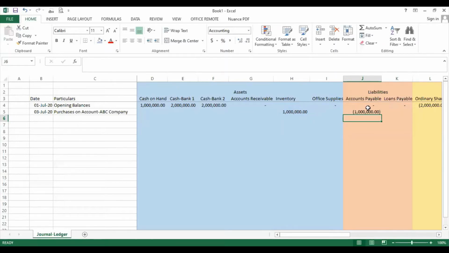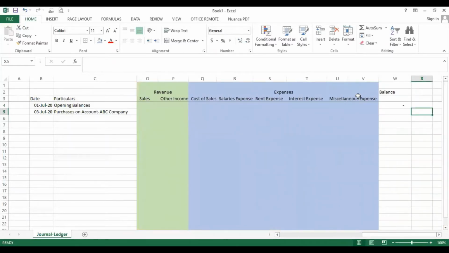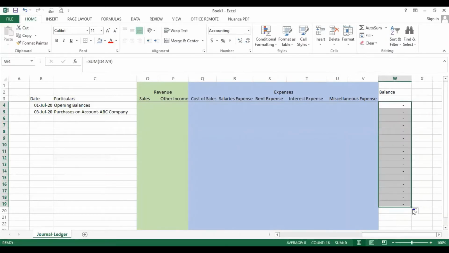So for example, if this inventory is only 850,000, your accounts payable also will follow 850,000. So let's check our balance here. We haven't formatted our balance yet. To format, you just drag this down and it's still 0. So it's okay.